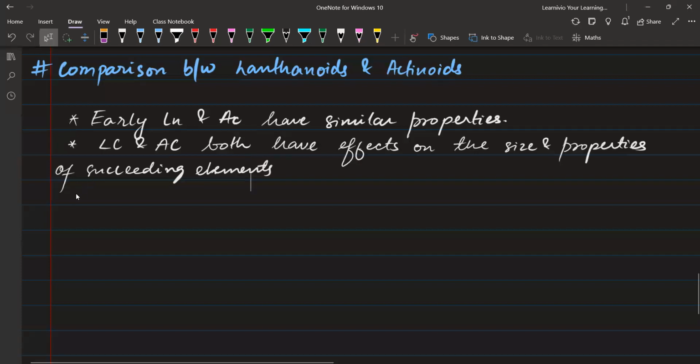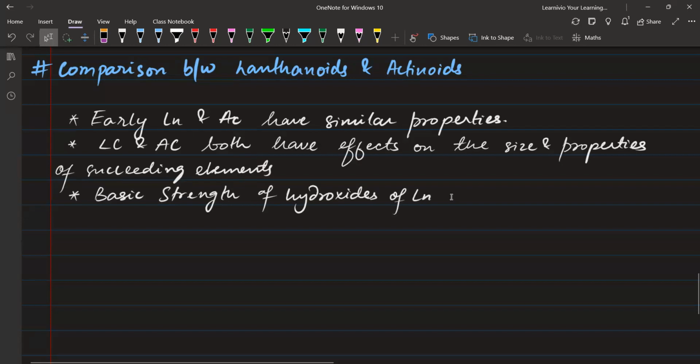Okay. Last point is only regarding the lanthanides: basic strength of hydroxides of lanthanoids decreases with increase in atomic number.